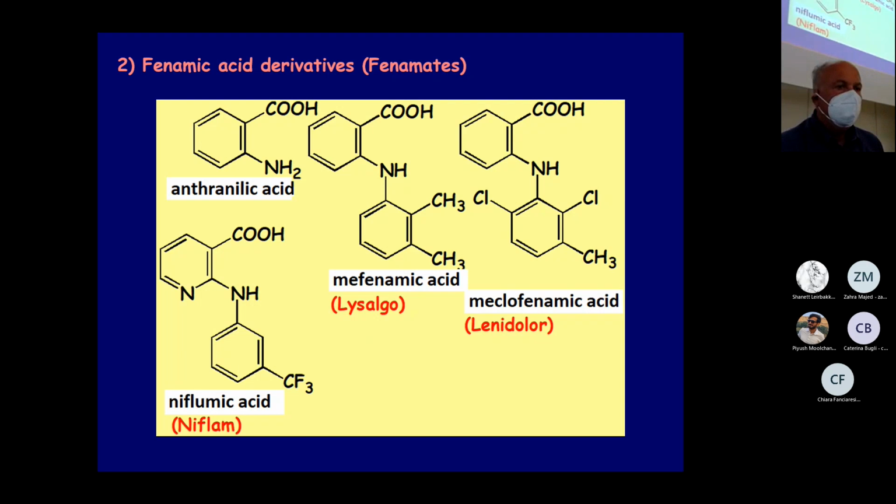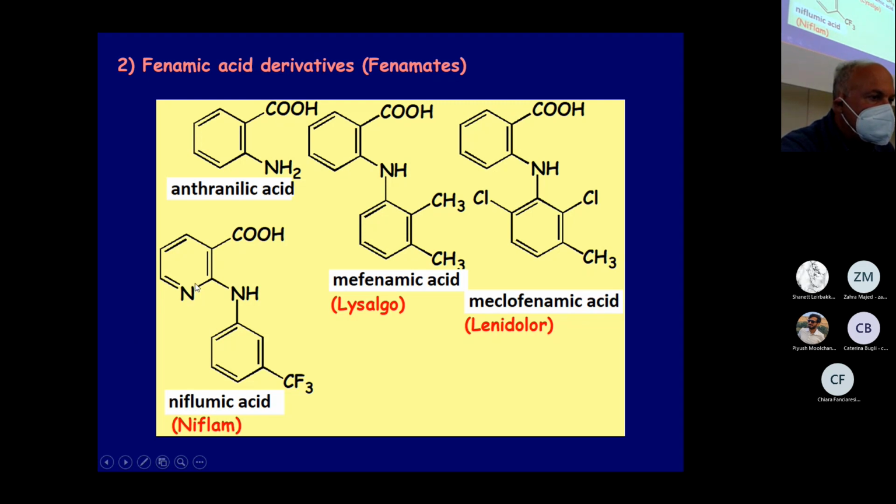And we have mefenamic acid, you see, meclofenamic acid, the same substitution, okay, with an aromatic ring with the two halogens. But the most important compound of the class is niflumic acid. Niflumic acid is characterized by a pyridine ring.